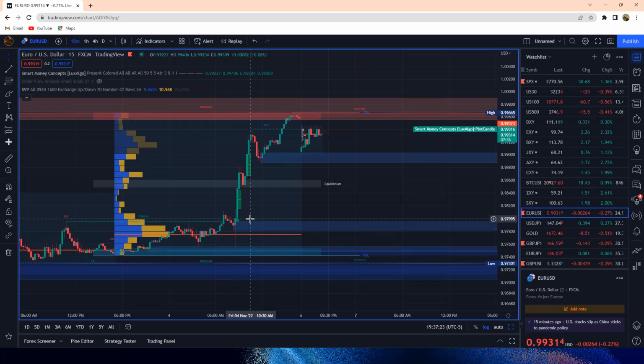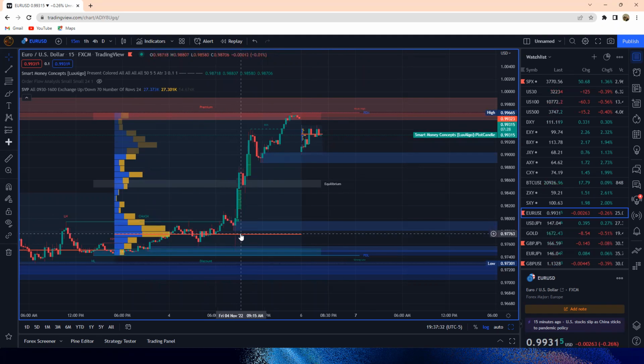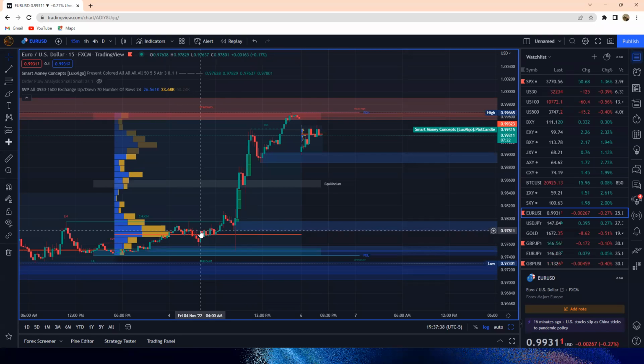That's logical, right? That if more individuals are buying the euro, the price of the euro USD is going to go up. That again is not incorrect thinking, but it's not all the way correct thinking.